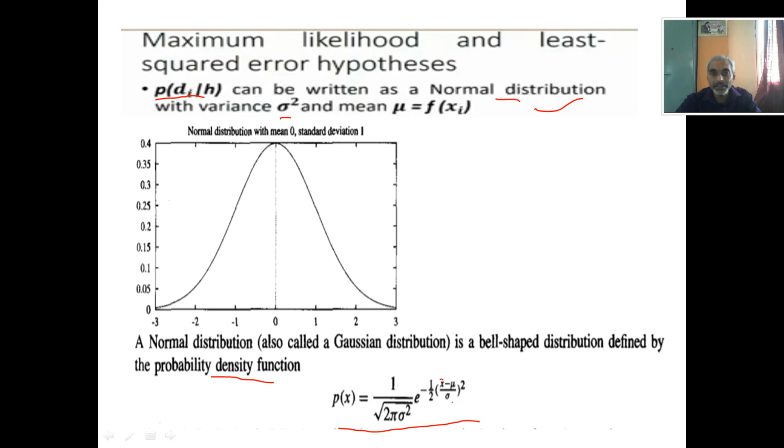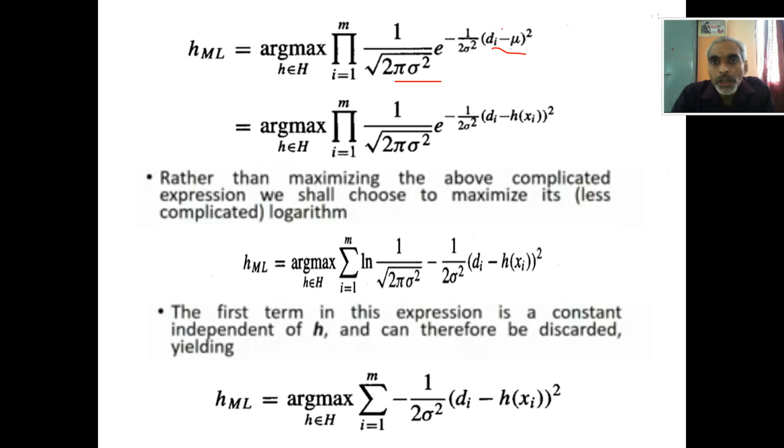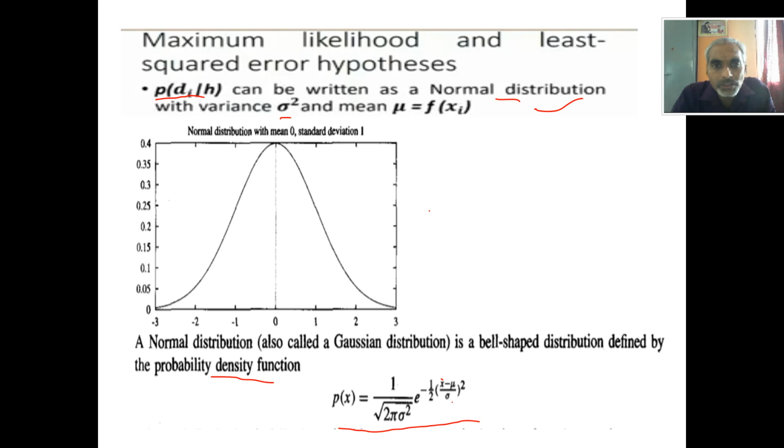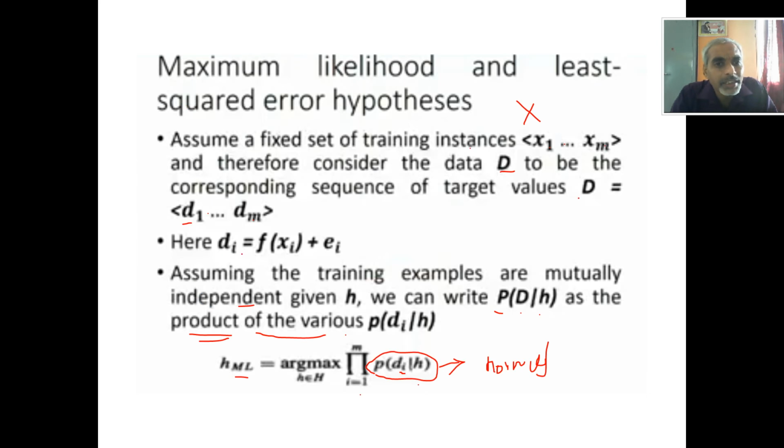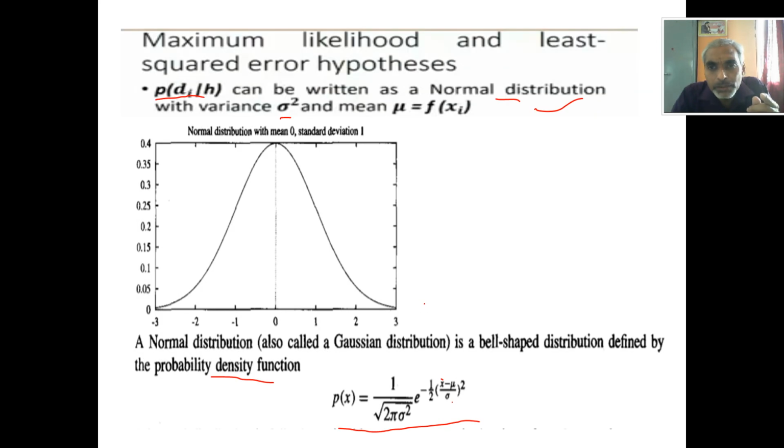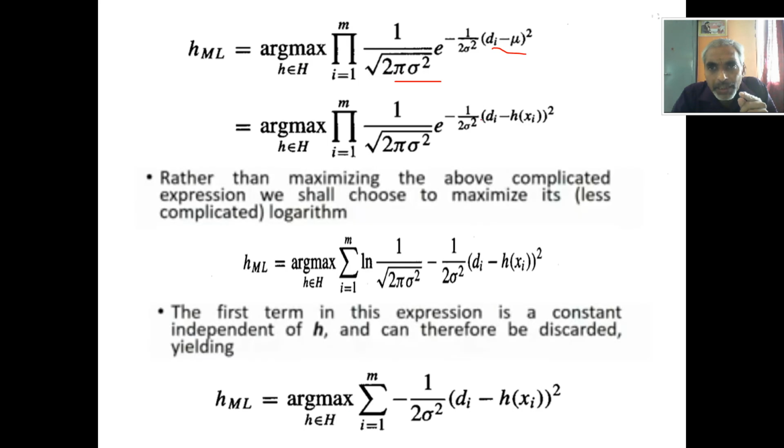Since we have various values of x, here we have di, because we gave the equation that di is equal to f of xi plus ei. Right. So in place of x here, we are going to substitute di minus mu whole square.